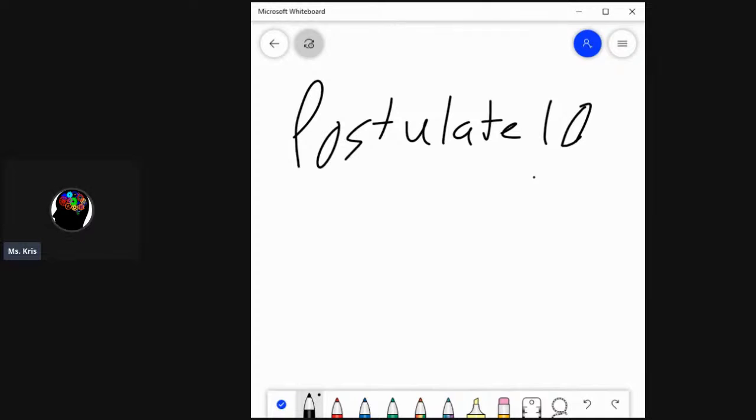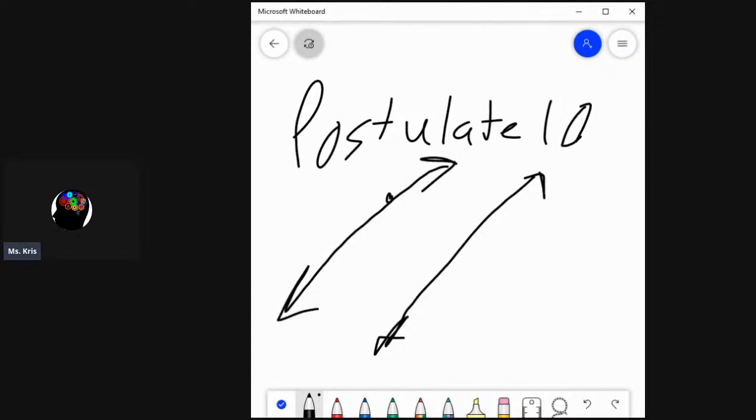So when a point is not on a line, like the point's out here, then exactly one line is parallel to the given line, which means it's out here. And typically, when you have parallel lines, they are either going to have a perpendicular or a bisecting line, like so.